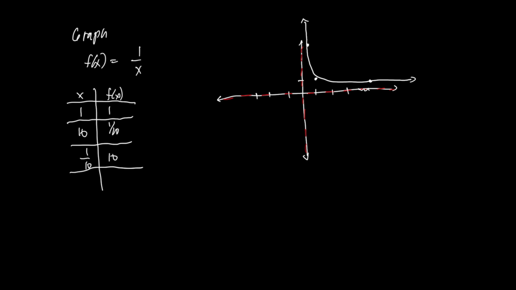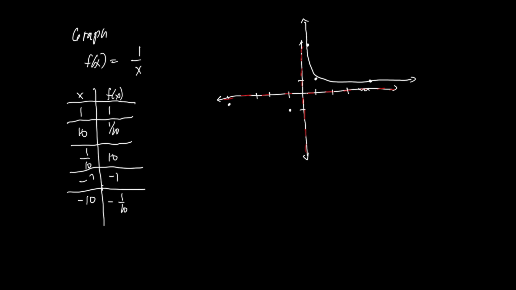Now on the left side of the origin, when x is -1, our f of x is -1 here. Now when x is -10, our y is -1 over 10.